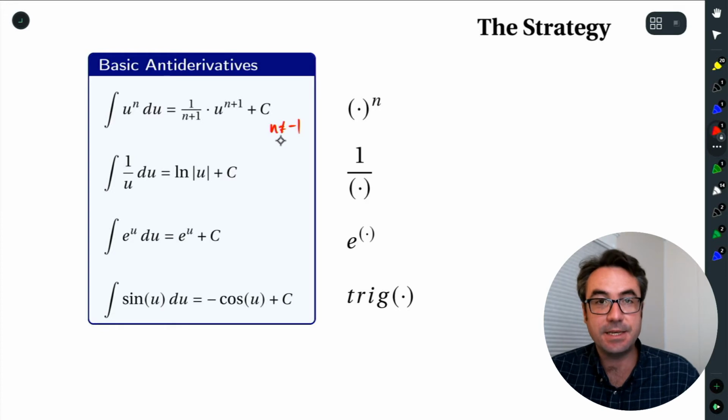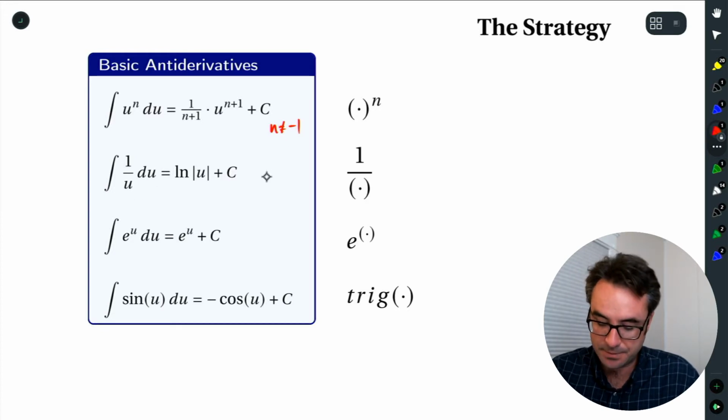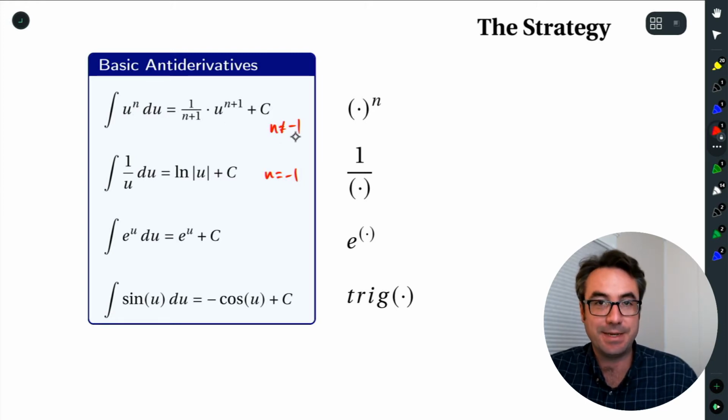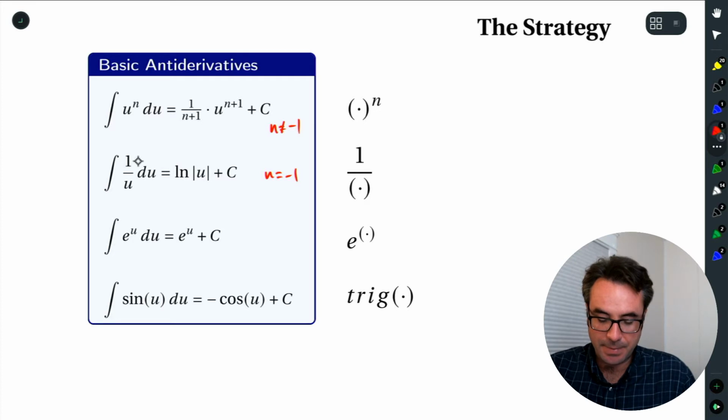If n is equal to -1, well then we're in this other case. So this is sort of the exception. So these first two are sort of related to each other. Power rule just about always works except when the exponent is -1. There it doesn't work. And that's when we have this exception. All right, so keep in mind these basic antiderivatives.